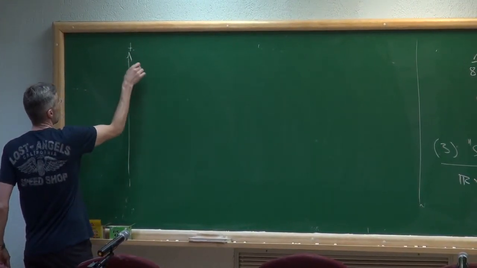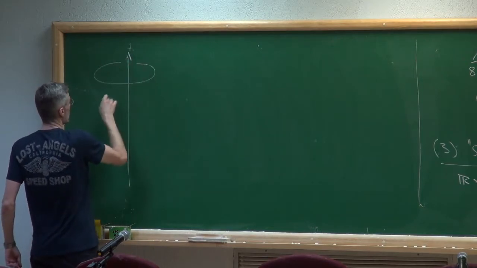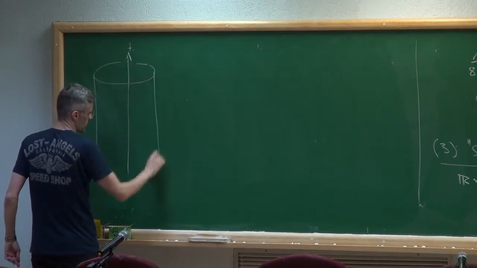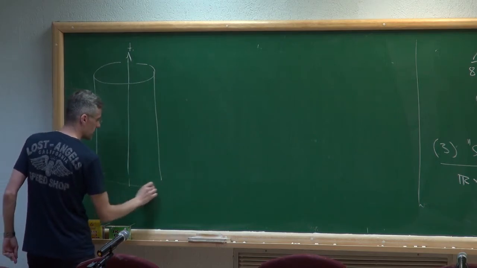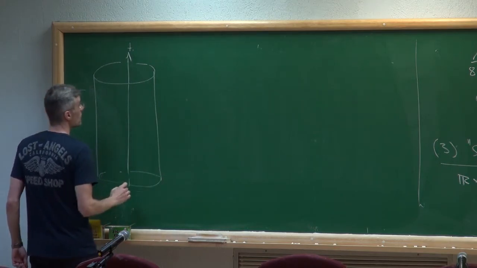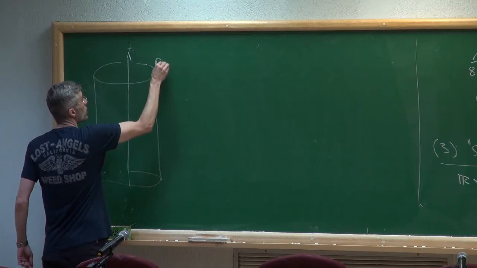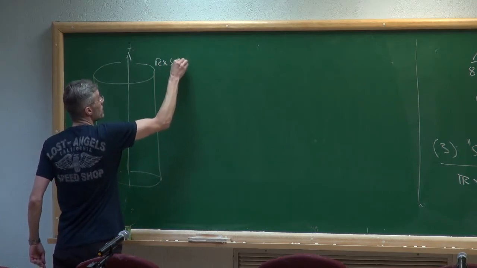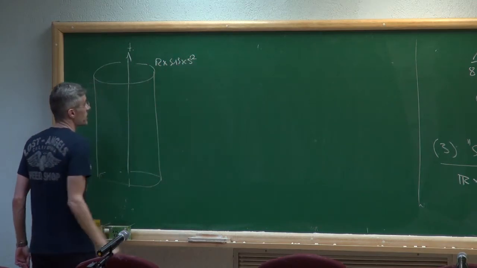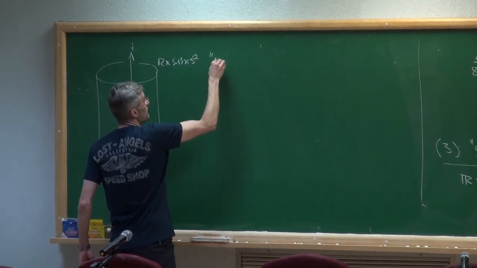Then around it you have the cylinder. Of course, I'm deleting one dimension here. This is R times S^2 here. This is called the event horizon.